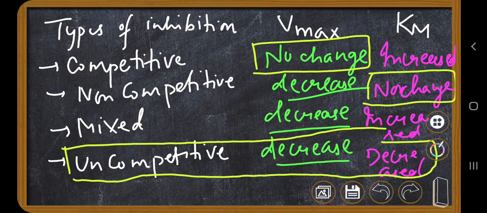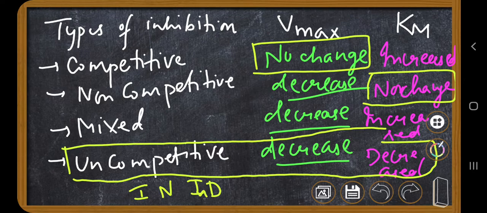Now a very easy mnemonic for Km values, right? So for Km values you can just remember this thing, that is in India, right? In India.